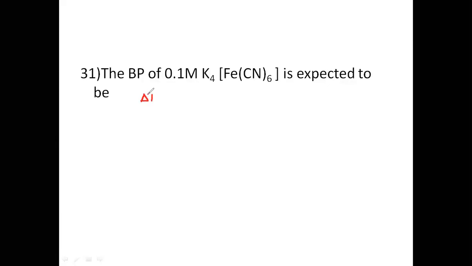Delta TB is equal to 1000 into KB into W2 by M2 into W1.